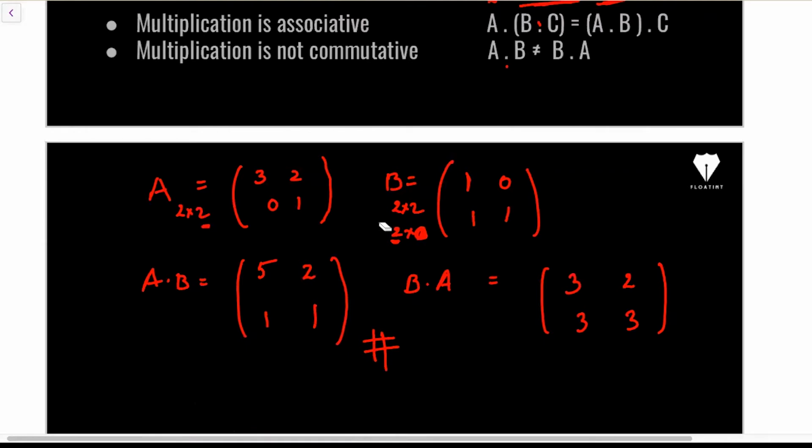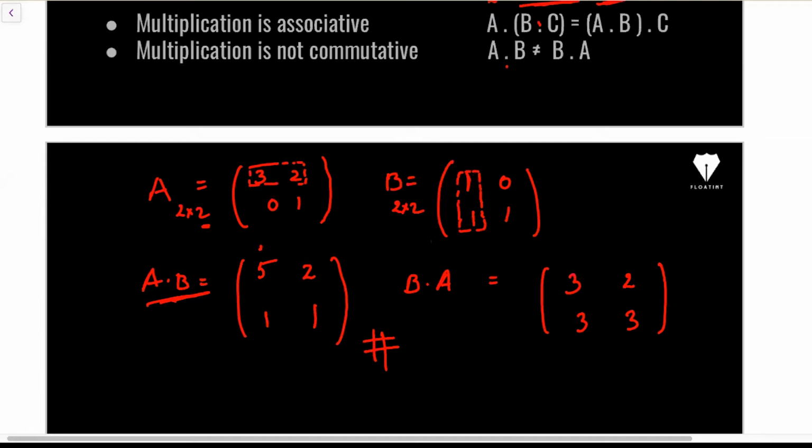Now, let me give you a quick recap of how matrix multiplication happens. If I am doing A dot B, how did this first element come? You multiply this row with the first column.